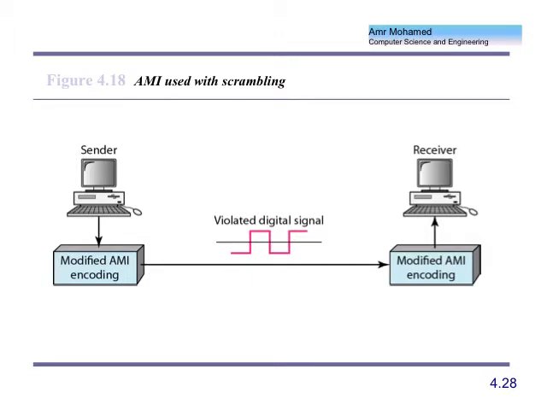Also, if we consider something like AMI, AMI seems to have no DC component, right? AMI, as we discussed, is like this: you can interpret 1 as inversion, so every time you change the voltage level, and 0 is no change. That seems to be attractive from the bandwidth point of view.